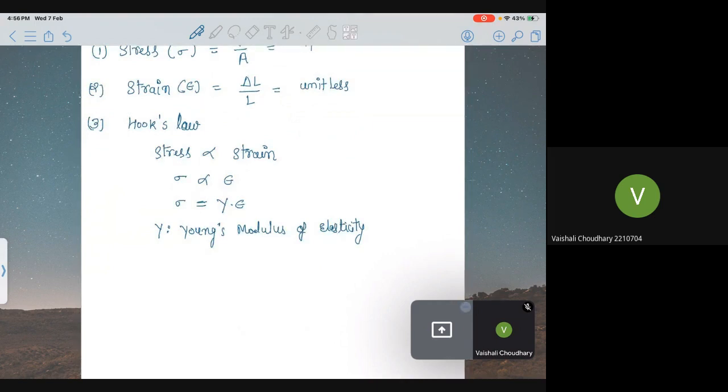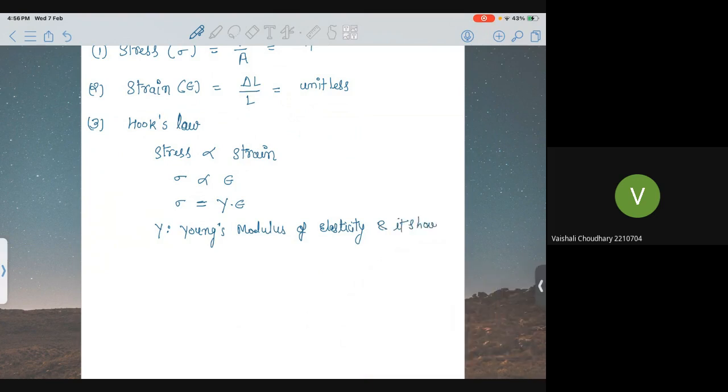and it shows the elastic property of the material of any bar or cantilever beam.